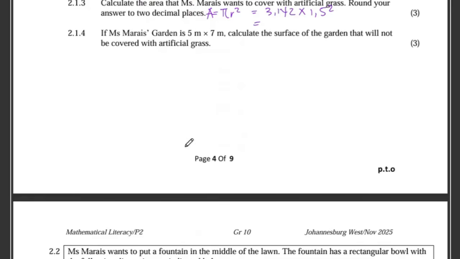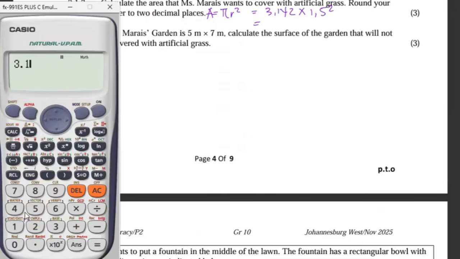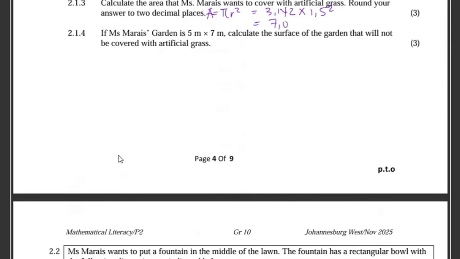Together. Then this will give us the answer as 3,142 times 1,5 squared. Press the answer there. Make it decimals. So it's 7,07. They told us to round off to 2 decimal places. Don't forget the units. Meters what? Squared.